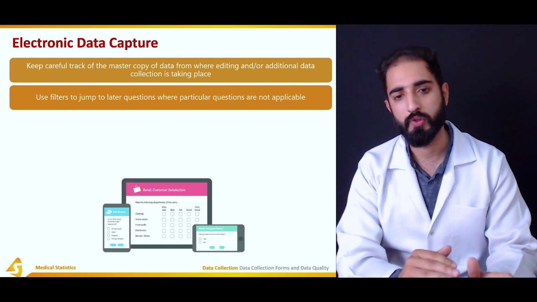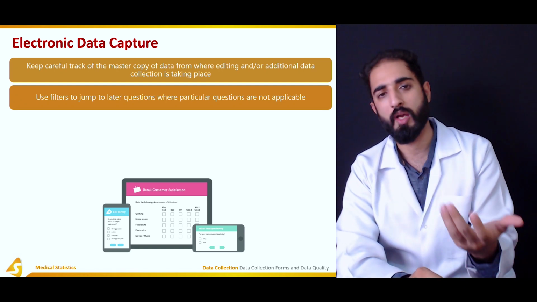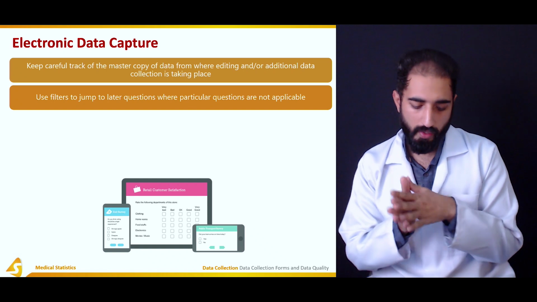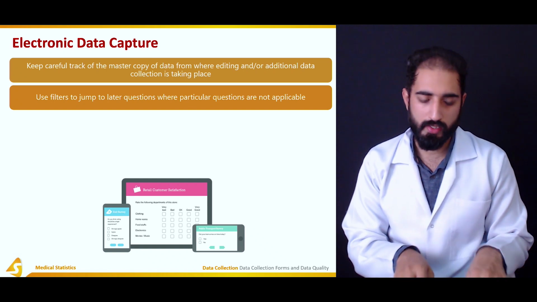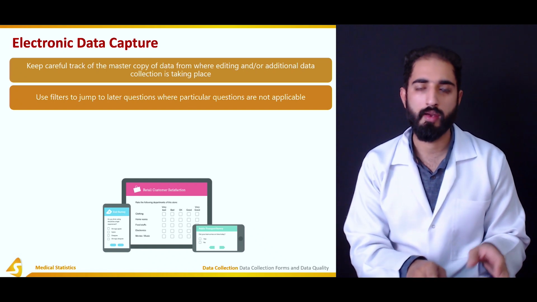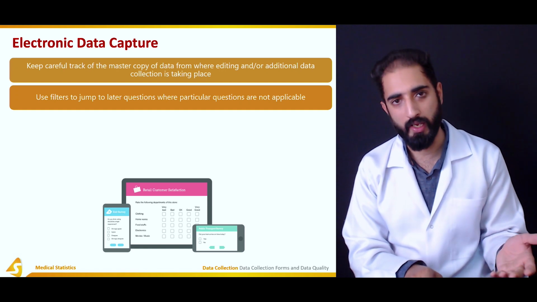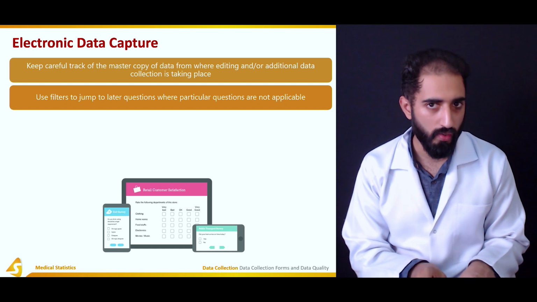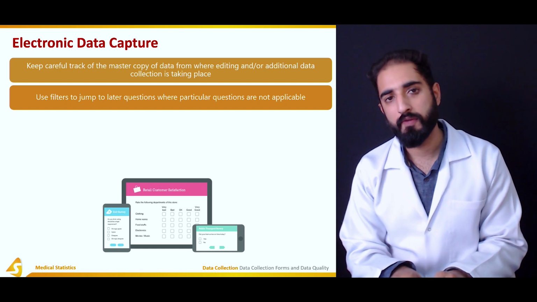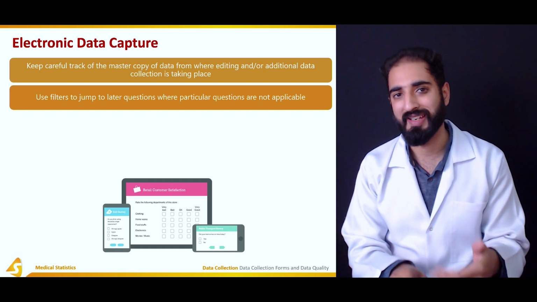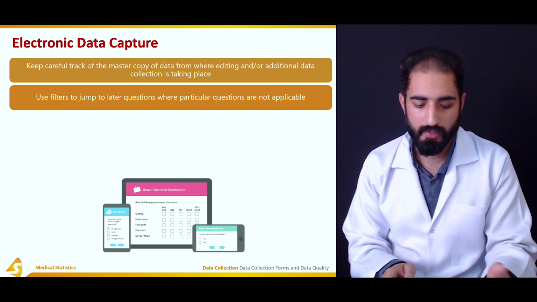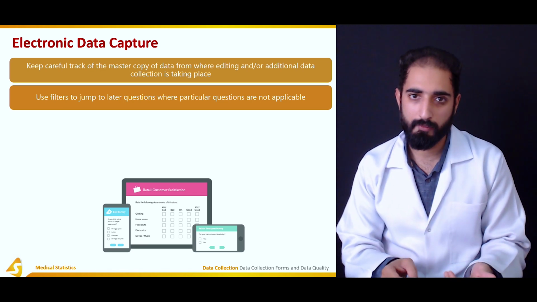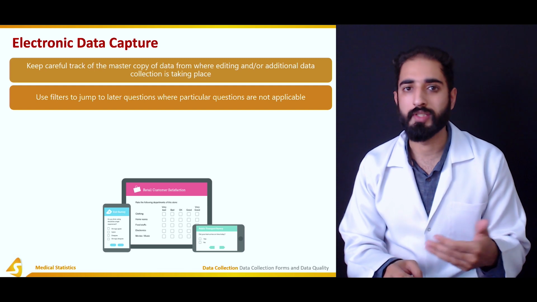Use filters to jump to later questions where particular questions are not applicable. For example, if there's a question which says, have you experienced neck pain in the last 7 days? And there's an answer yes or no. If the person answers no, the next question, for example, if you experienced neck pain, what was the severity of it?